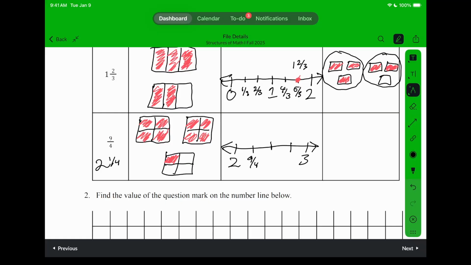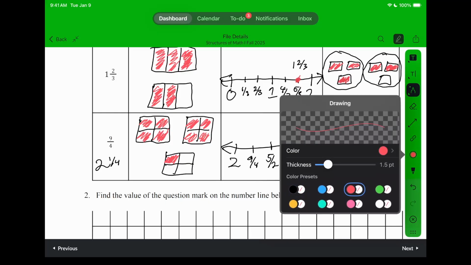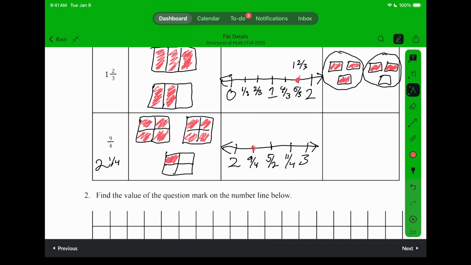So that's 9/4. 10/4 is 5/2. And then we have 11/4. So then we can plot that. And that's the same as our 2 and 1/4, so like our 9/4.